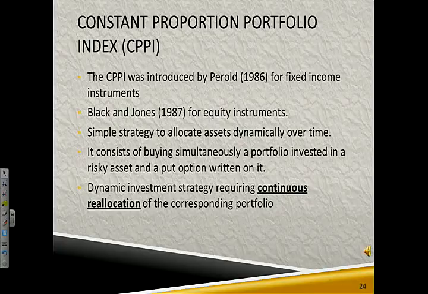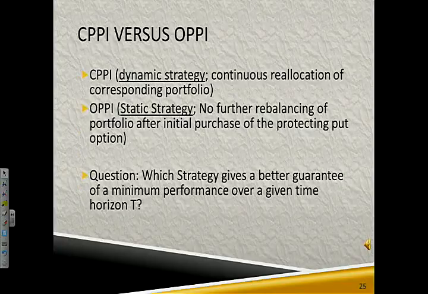Now, a dynamic investment strategy requires continuous reallocation of the corresponding portfolio. CPPI is such a dynamic strategy. Comparatively, OBPI is a static strategy where there is no more rebalancing of the portfolio after the initial purchase. Once you purchase it, you stick with it.